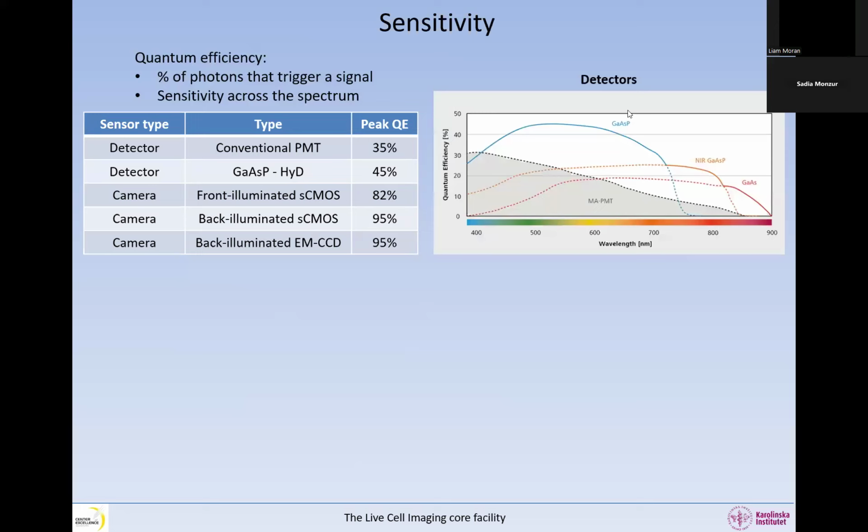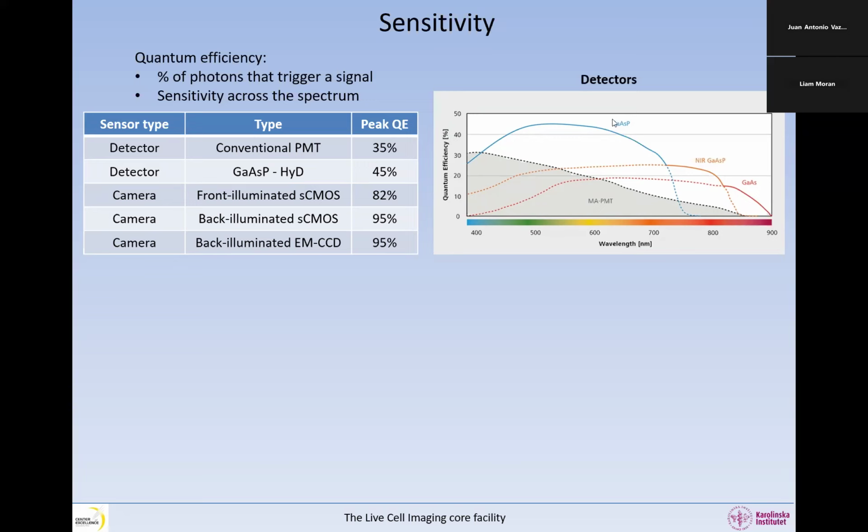Now we can see here different types of detectors, what you find on a single point confocal. Here we have the spectrum across, and this is the quantum efficiency. All these lines are different types of detectors, and you can see that the quantum efficiency is not equal everywhere across the spectrum.